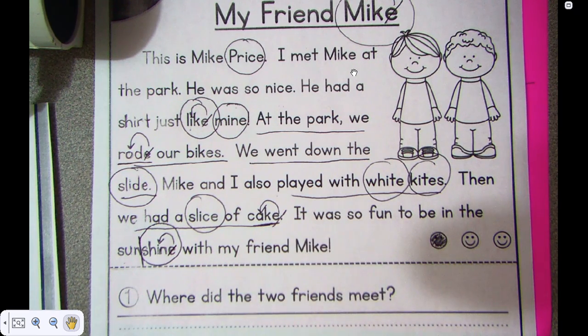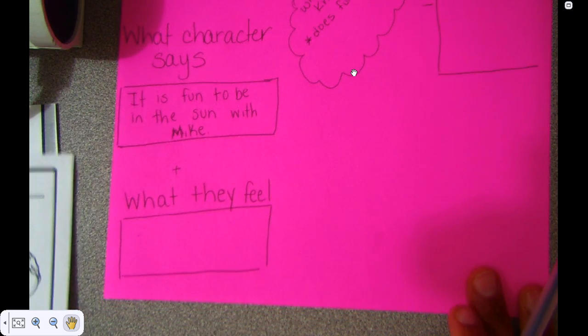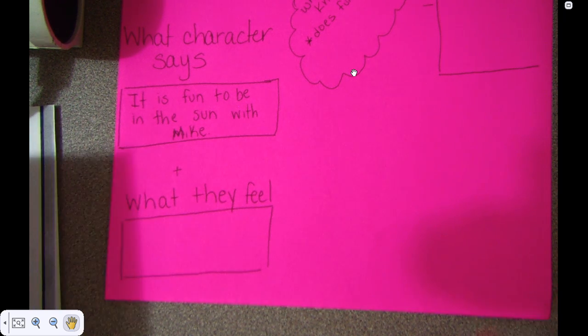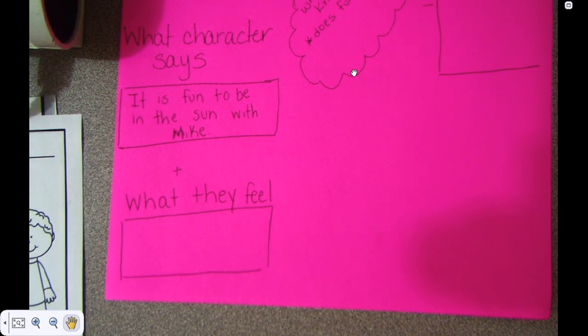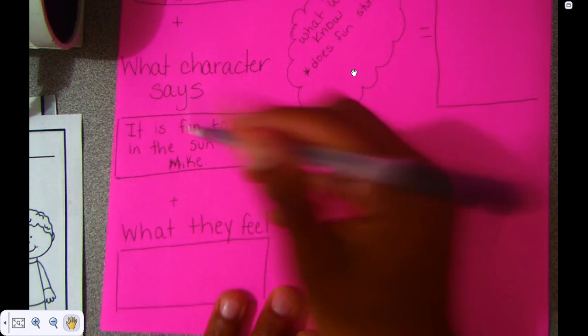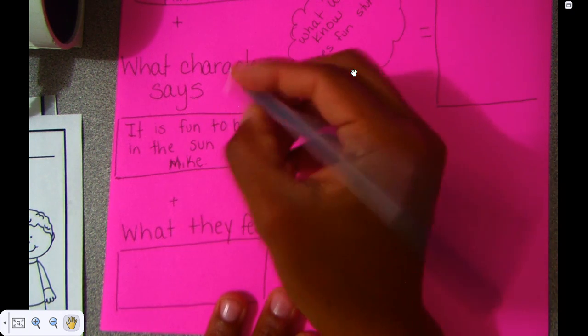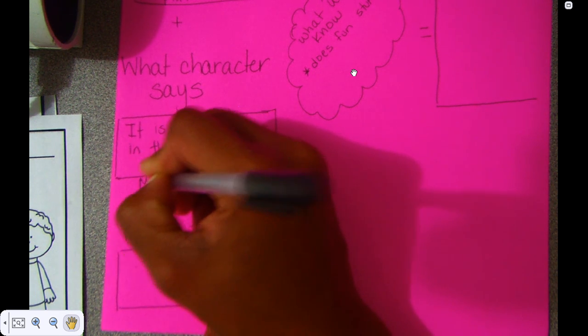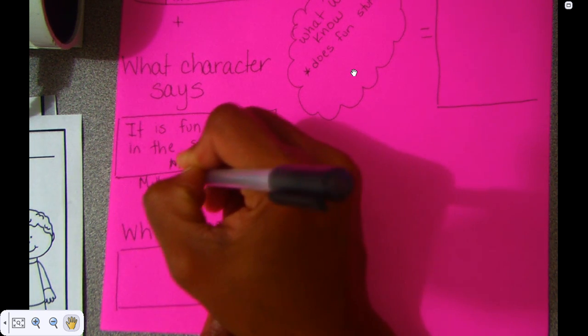We don't really get an idea of the feelings. So that might be what we are making an inference about. We might be trying to infer and not really guess because we're using the clues, but make that inference. Maybe he feels this way based off the information. But like I said, I want to add, he says it's fun to be with Mike, and he also says Mike is nice.